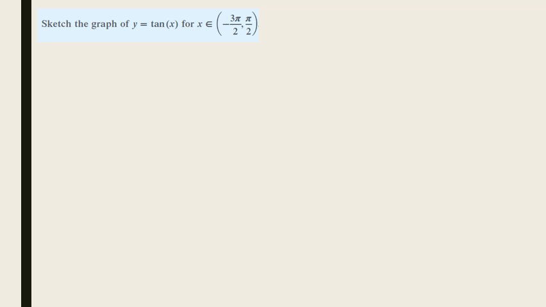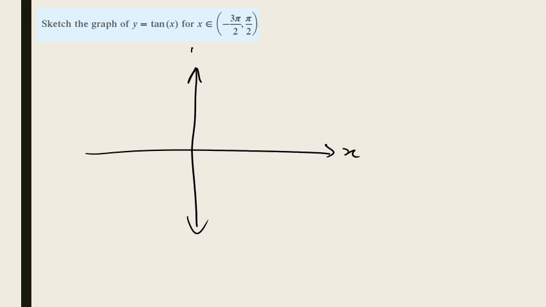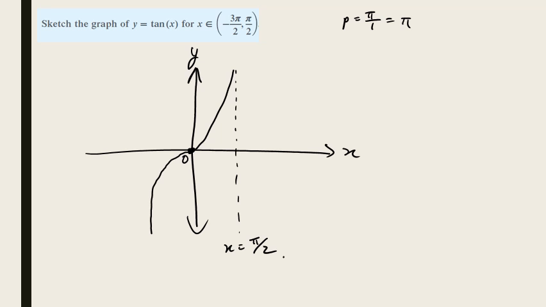Alright, so if we're sketching the graph of tan of x from negative 3 pi over 2 to pi over 2, first of all set an axis, and then start from the front. If you remember, each period for this one is pi over 1, so it's pi. So it starts from 0, goes all the way up to pi, and then it stops there. Then, if you remember the shape, it joins together here.